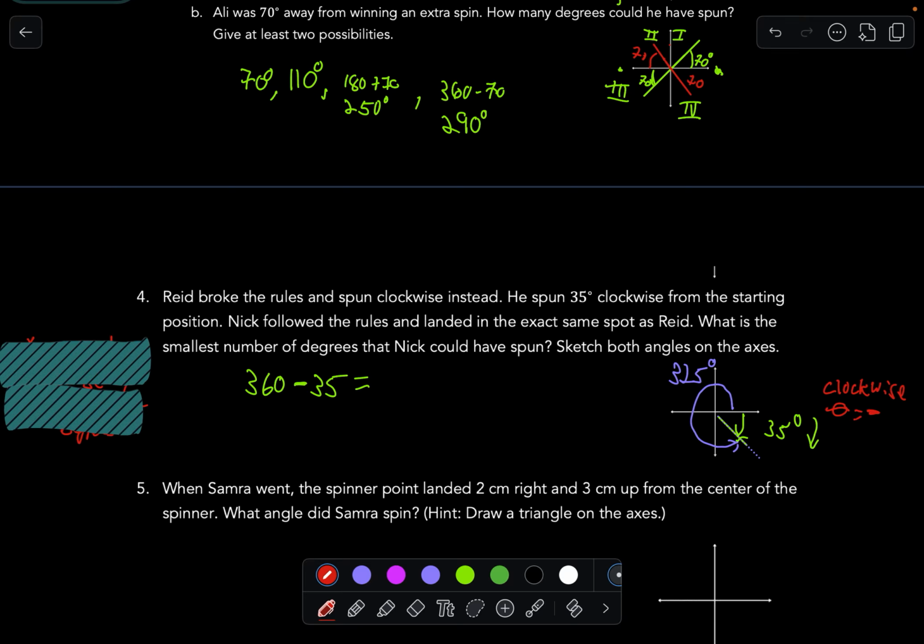That should be negative 35 degrees, not positive. And Nick spun a theta that is positive because he went in the right direction, the positive direction. So it's a positive 325 degrees.